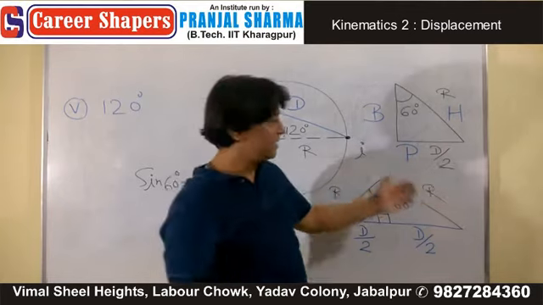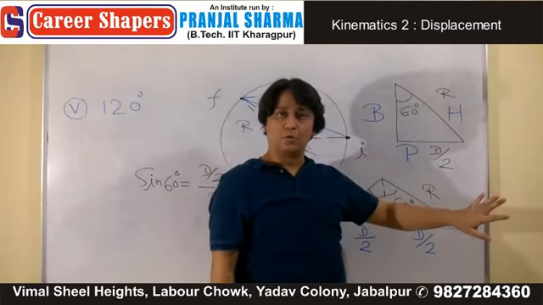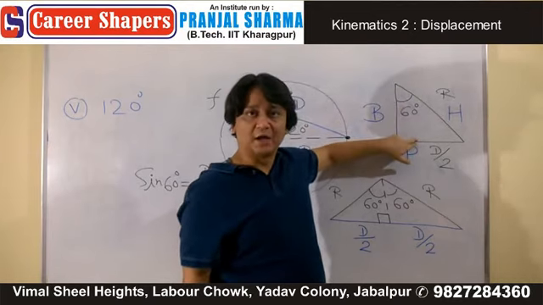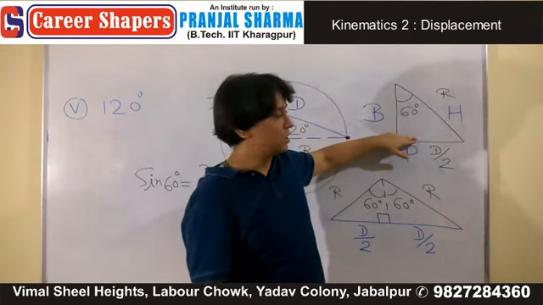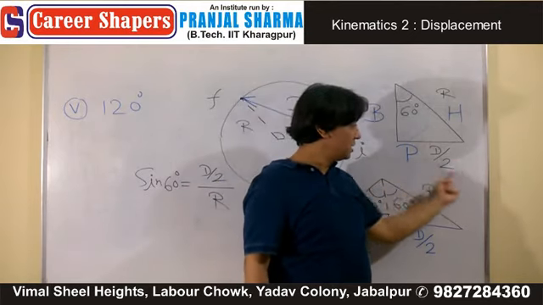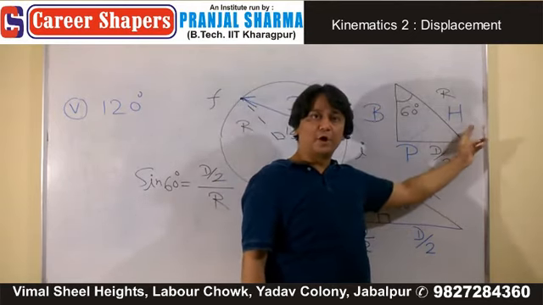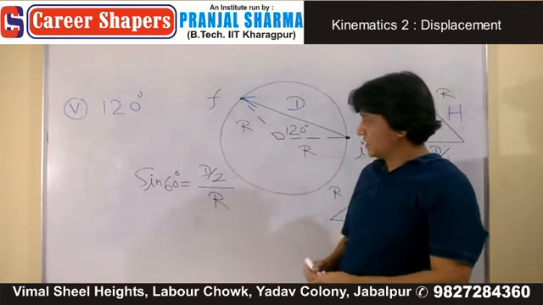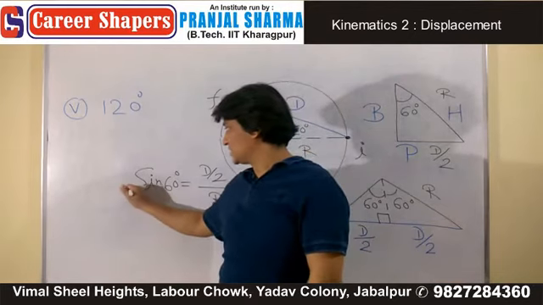Many times people think that this is base. No. The arm, which is opposite to the angle, is what? Perpendicular. What is sine? Perpendicular d by 2 upon your hypotenuse, which is r. Sine 60 is this. And you know what sine 60 is.